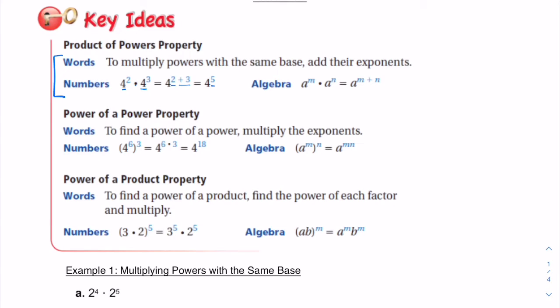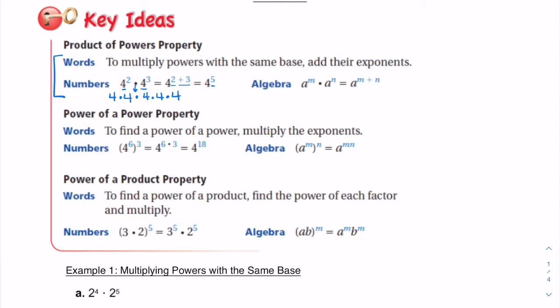Entonces, en el último video, cuando escribimos estas expresiones usando exponentes, acuérdate que 4 a la potencia de 2 significa 4 por 4. Ahora lo estamos multiplicando por 4 a la potencia de 3, que es 4 por 4 por 4.